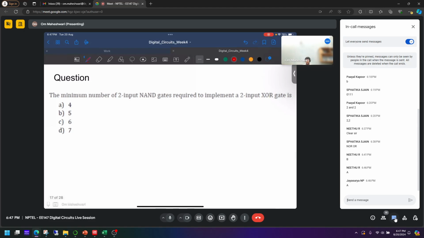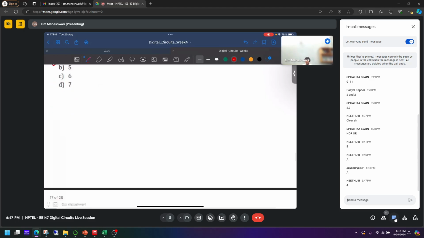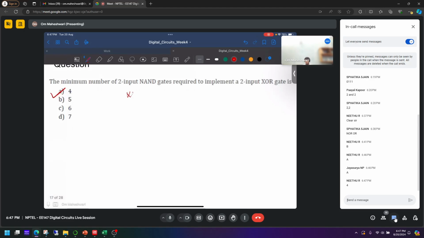The minimum number of two-input NAND gates required to implement a two-input XOR gate is. Right. So if you need to make XOR from NAND, what you need to do?